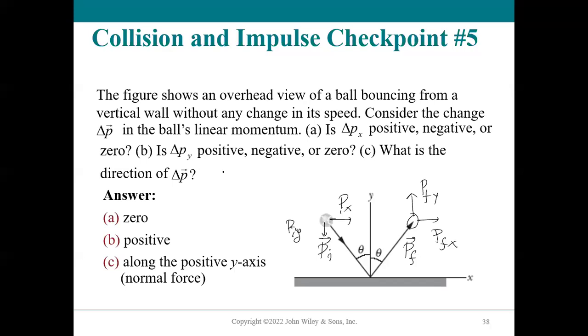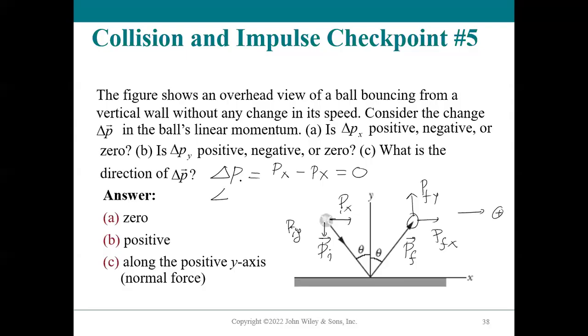Okay, so for delta P here, since the momentum is the same, you can write Px minus Px is equal to 0, since it is in the same positive direction.